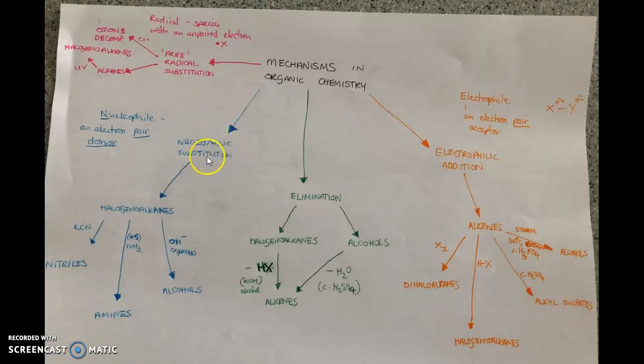Okay, in the blue we've got the nucleophilic substitution. Now remember, a nucleophile is an electron pair donor. So remember, N donor. It's got to be an electron pair donor. Okay. The examples we have seen have all been reactions of halogenoalkanes, and we've seen it when we use potassium cyanide in the presence of acid to form nitriles. This is very important because this extends our carbon chain.